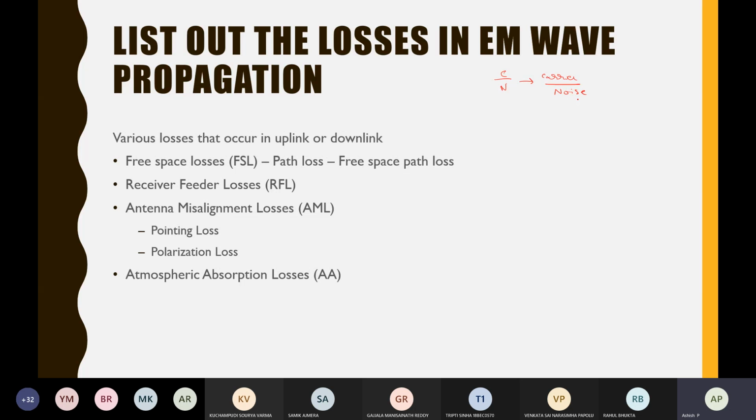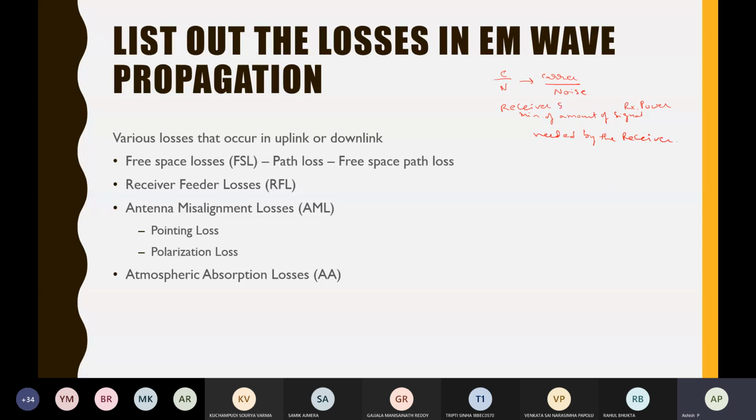So you should know the minimum amount of signal or received power needed by the receiver to demodulate or receive the signal. That is called receiver sensitivity.